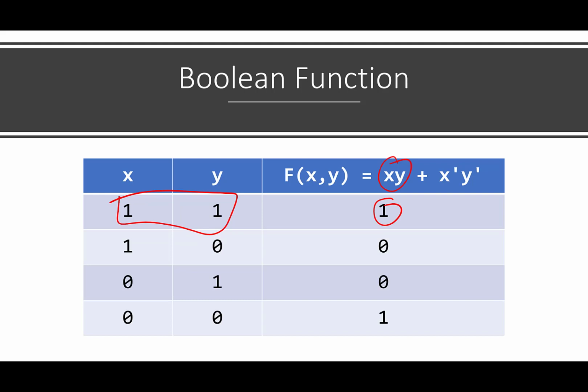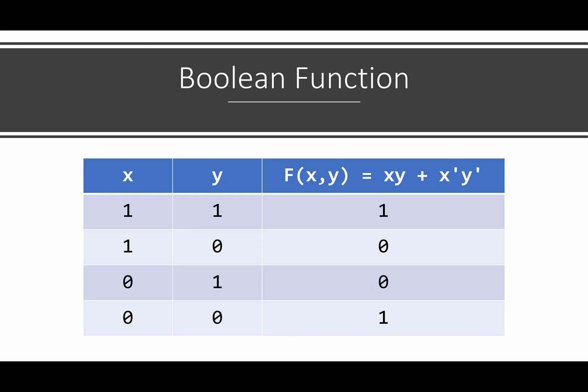And then this is x bar y bar, which will also give us a 1. So if that is true or that is true, here's our or, then we will get a 1. And if neither of those are true, then we get a 0. That's it. Now we just have to turn that into a circuit, which we're going to look at how to do eventually here in a little bit.